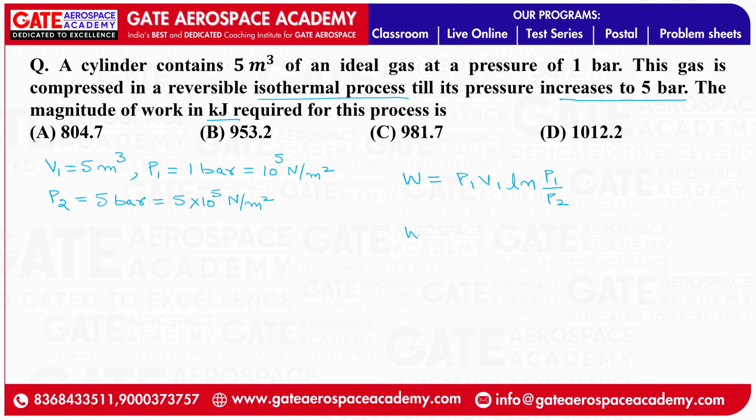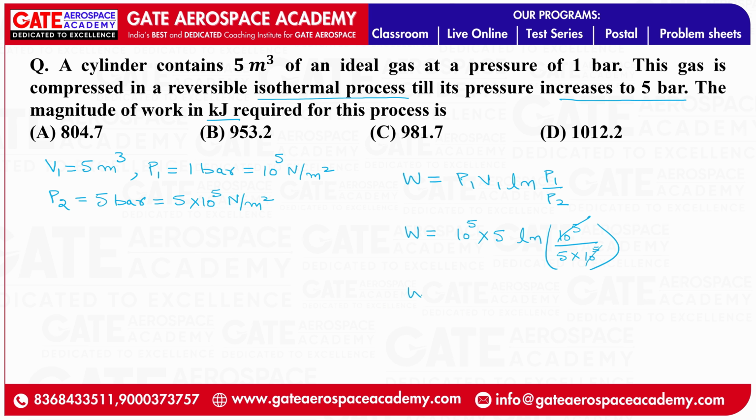So we can substitute the values now. P1 is equal to 10 raised to power 5 into V1, that is 5, ln(P1 by P2). So P1 is 10 raised to power 5 divided by P2, 5 into 10 raised to power 5. This will get cancelled out.